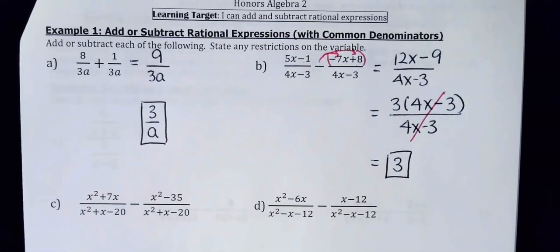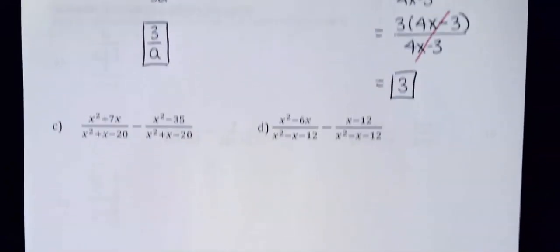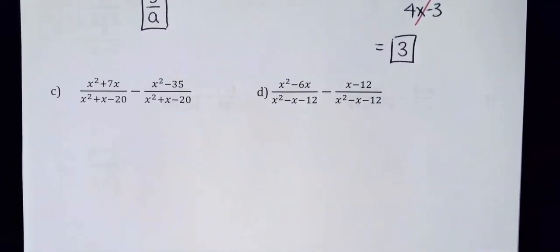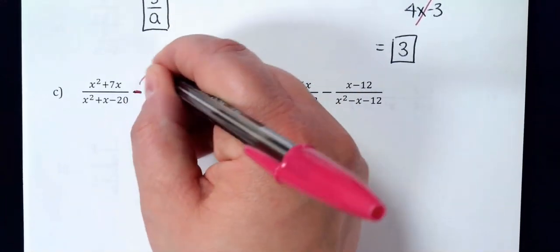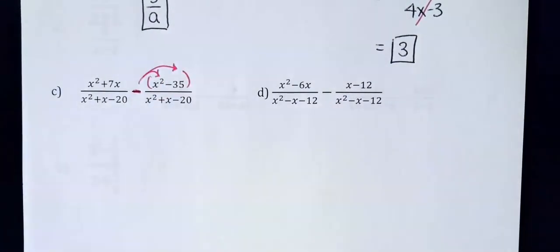As you do these problems, make sure you have a common denominator before you add or subtract, but then see if you can factor to see if anything might cancel. Sometimes it does, sometimes it doesn't. It just depends on the question. Okay, this one's going to be subtraction. Again, I do have a common denominator, but if you're subtracting, make sure you think about subtracting all the parts of whatever follows that subtraction sign.